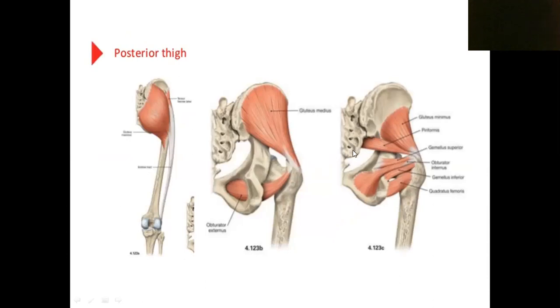So this is the sacrum, and this is the posterior surface of the sacrum. This muscle is not arising from the posterior surface, it is arising from the anterior surface. From there it runs laterally through the greater sciatic notch and reaches the apex of the greater trochanter.